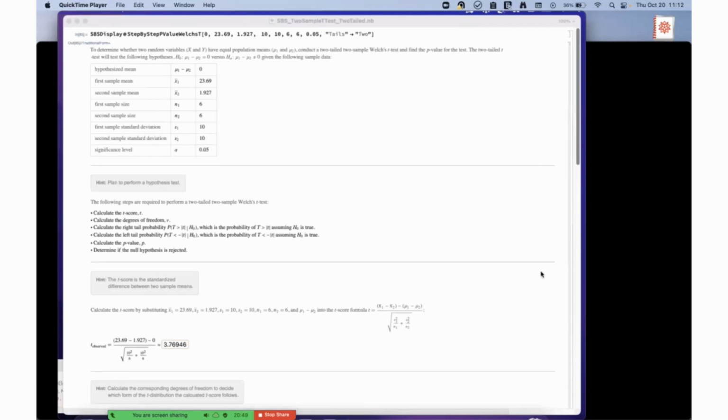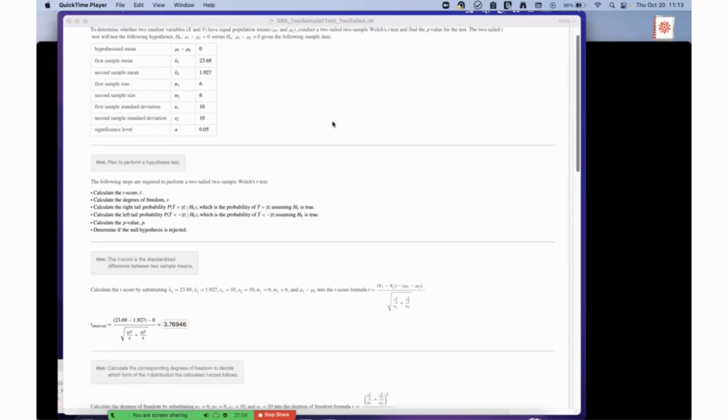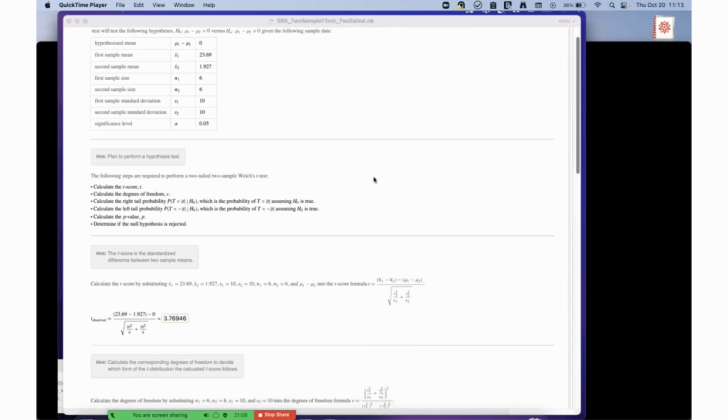So this step-by-step solution first introduces the problem, including the testing hypothesis. The user input data are shown here in this table. Following the instruction, there is a list of steps required to perform this two-sample t-test.